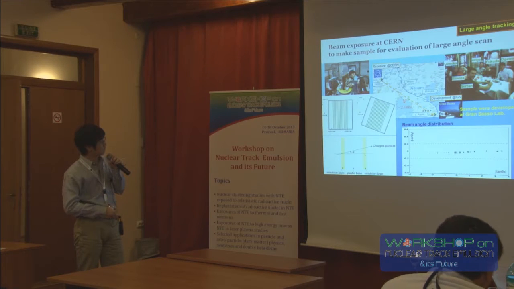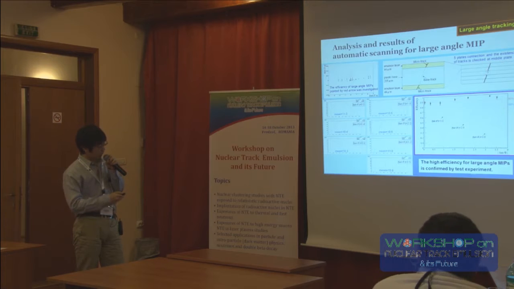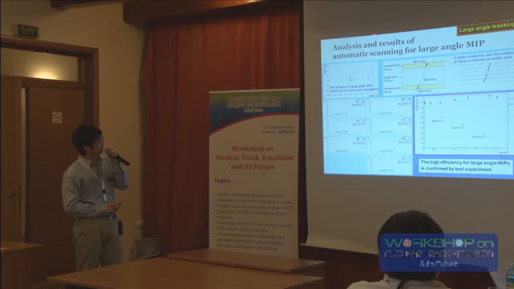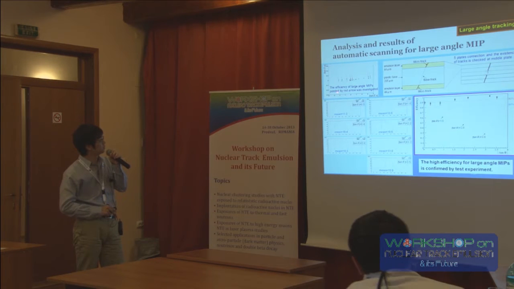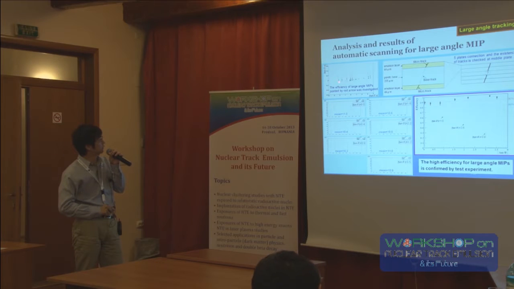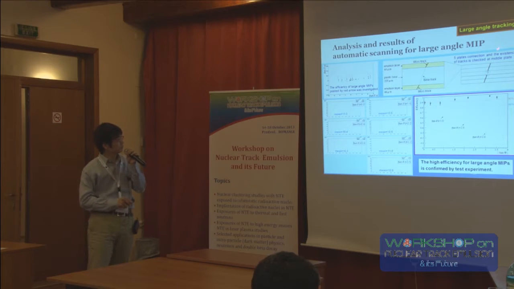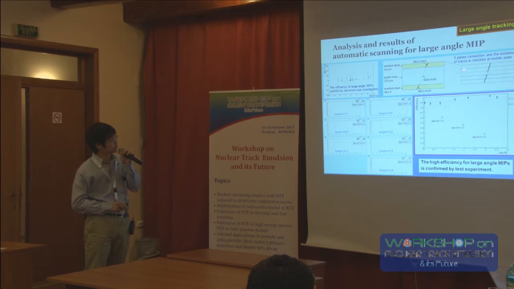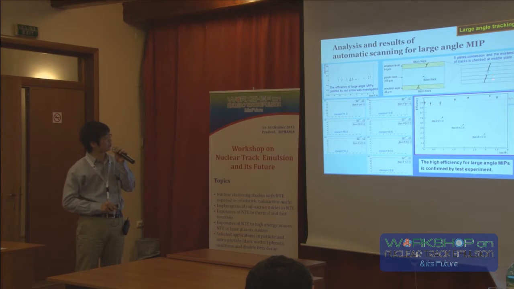And this is the analysis and results of automated scanning of large angle MIP. This time, we investigate these angles for the lead. Five films are scanned and connected, and we check the middle plate to calculate the efficiency.